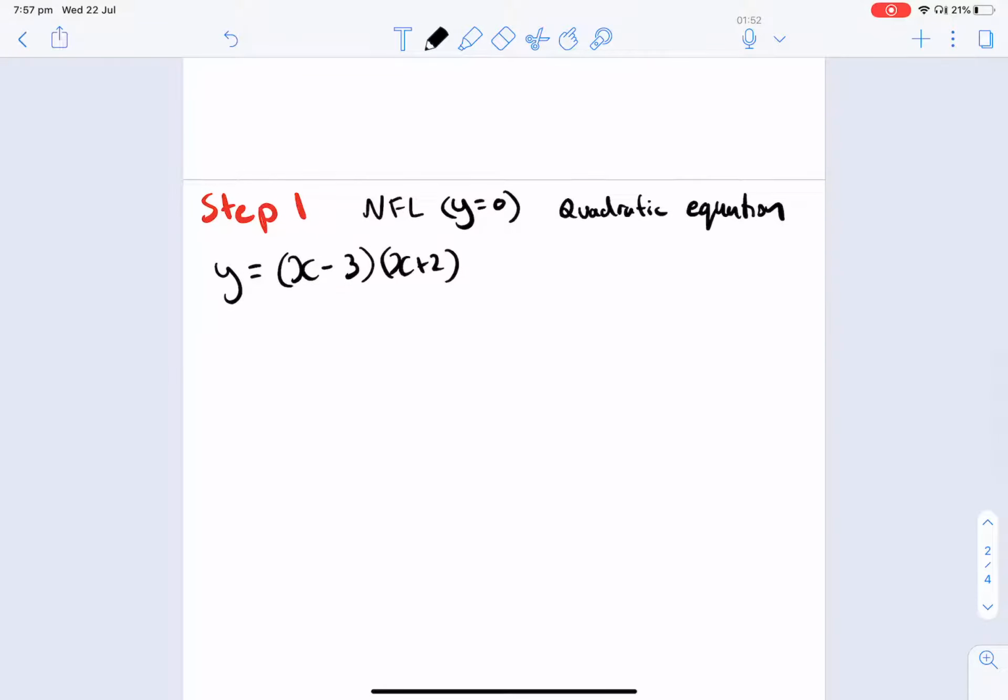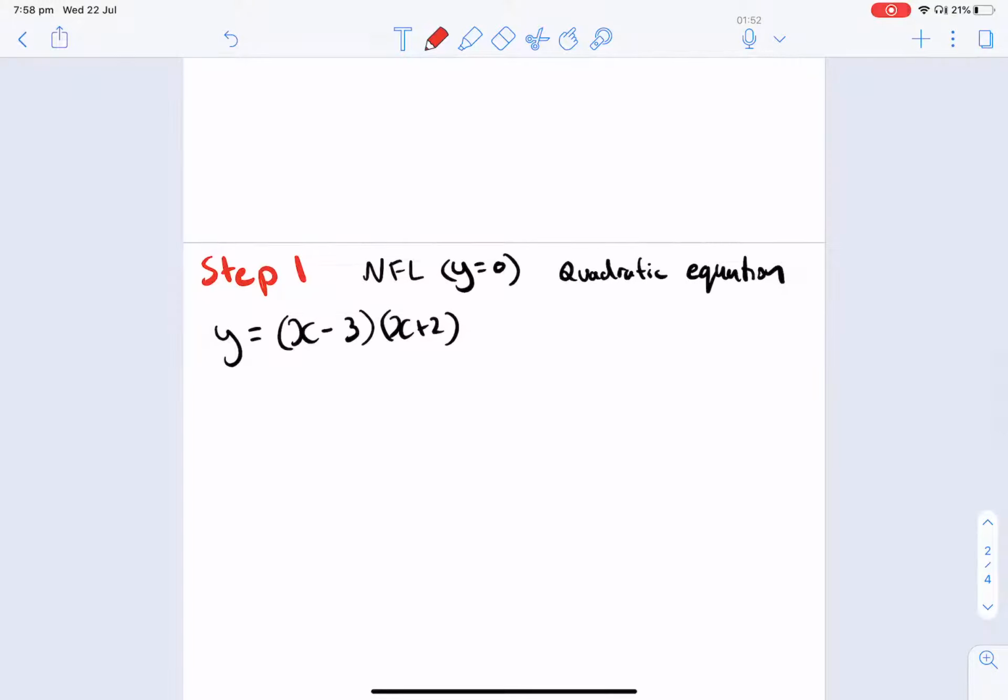We can either use the quadratic equation, or we can use the null factor law, which I've just referenced as NFL here. This one's already been factorized for us. So I think we can see that it's already going to be a simple solve using the null factor law. So we're just going to go with the null factor law equation.